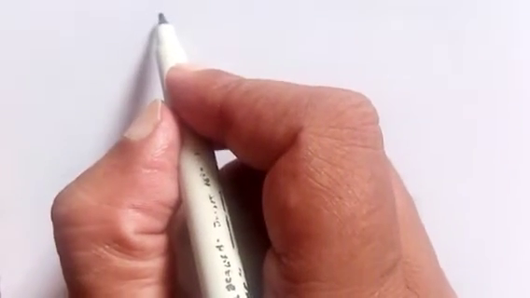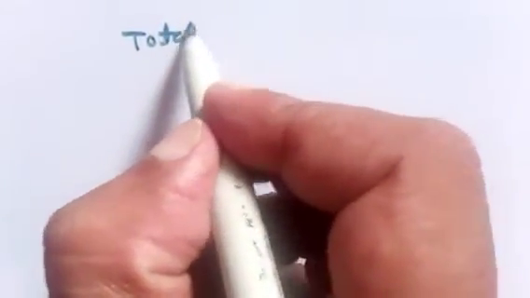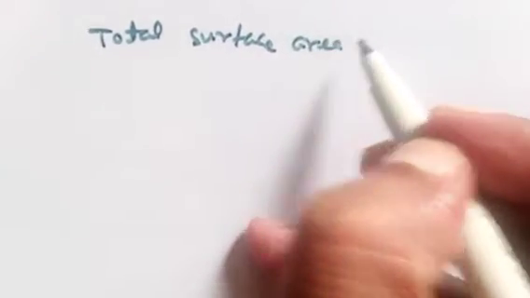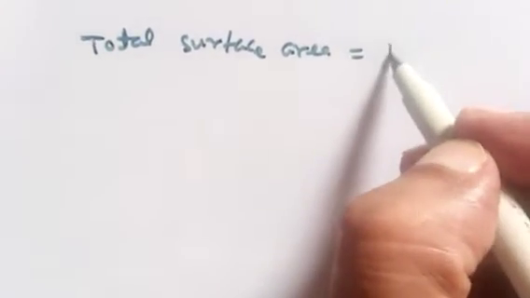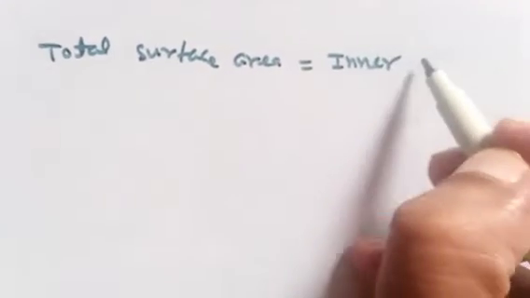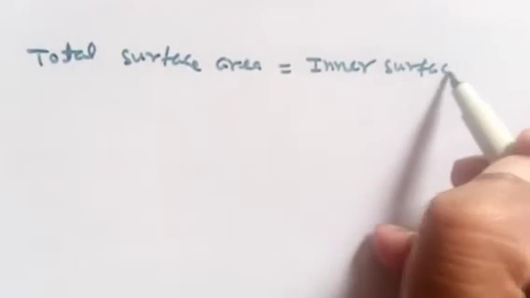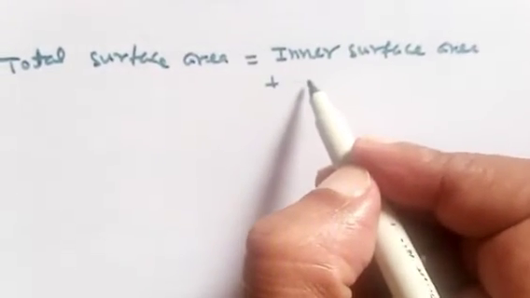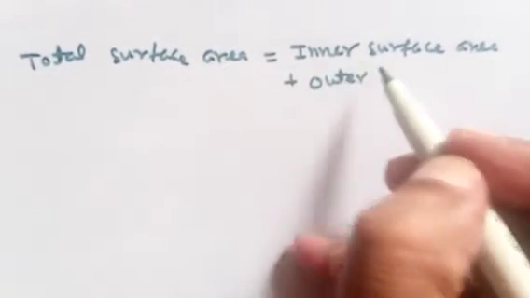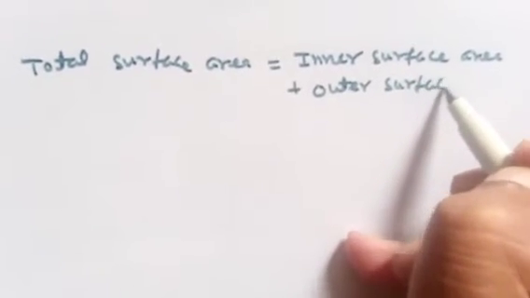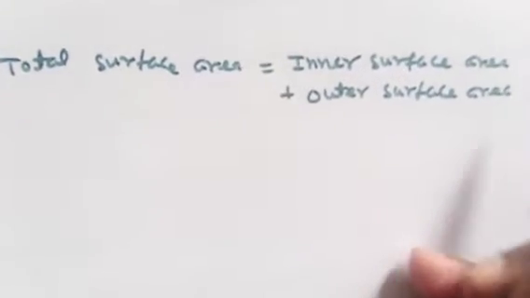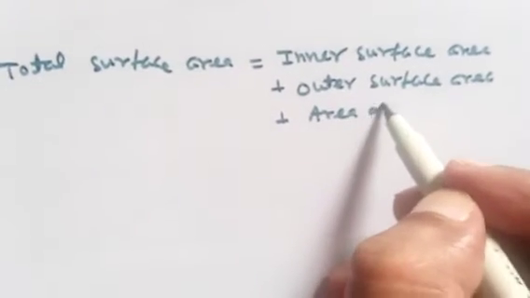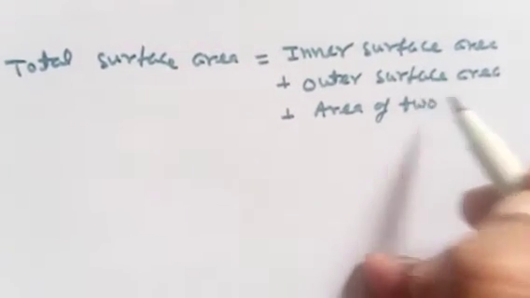Now total surface area equal to inner surface area plus outer surface area plus area of two rims.